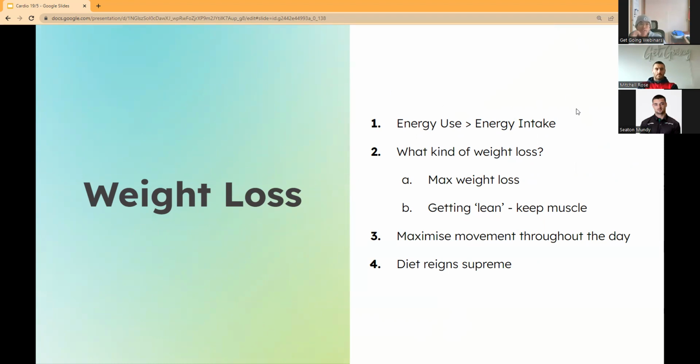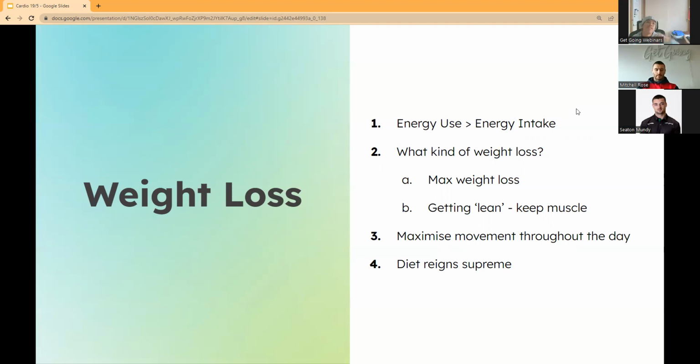All right. So in saying that, that might give you the idea that you need to do higher intensity cardio in order to burn more energy, which is true. However, it comes back to that stimulus to fatigue ratio. If you do high intensity cardio, yes, you might burn more energy within the session, but you might come into other sessions during the week with a bit more fatigue, which might limit your output later on in the week.